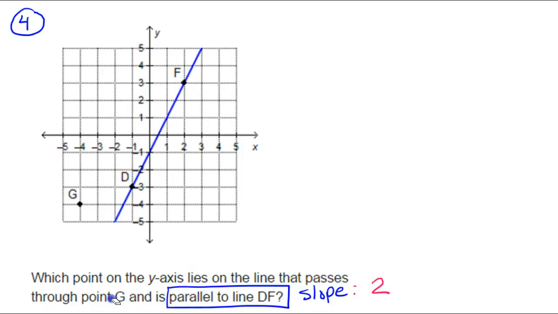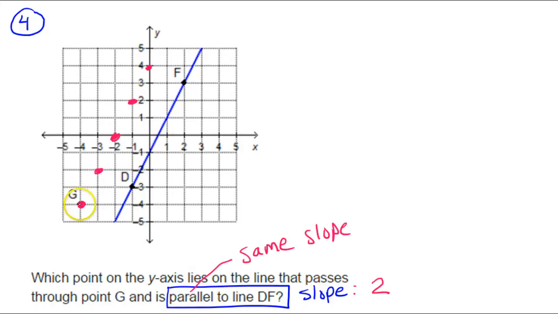Now, we're talking about a line that passes through the point G. So here I am at point G. If it's parallel, it should have the same slope. So I'm going to start at point G and do the same slope: up 2 over 1, up 2 over 1, up 2 over 1, up 2 over 1.